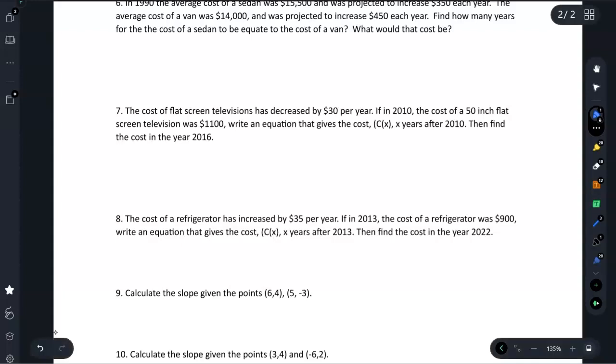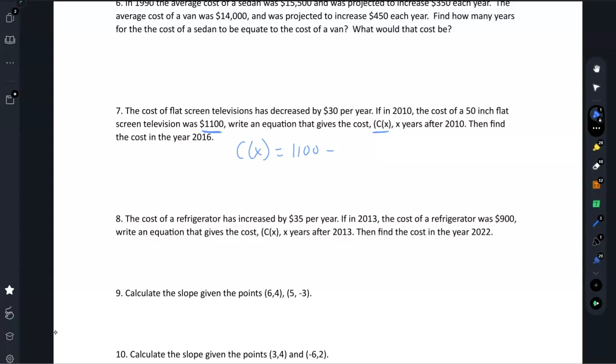So first they want us to write the function as c of x, which represents the cost. It started at 1100 and it was decreasing $30 per year. So my year is going to be x, and they tell me that here. And x represents the years after 2010, so I'm going to keep that in mind. So that would be the equation.